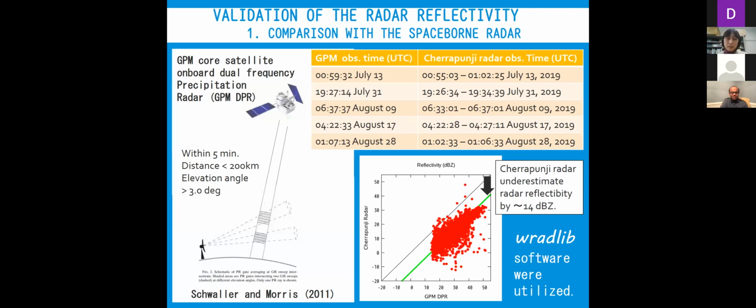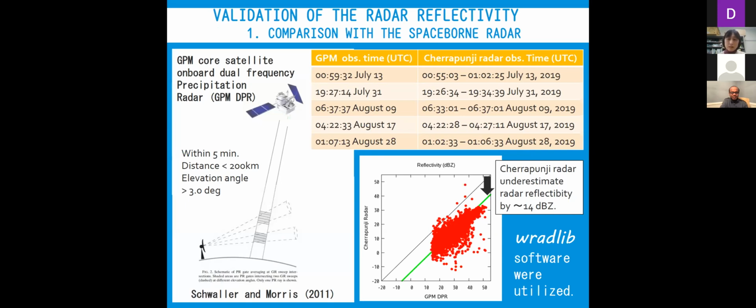The GPM core satellite on board dual frequency precipitation radar observed precipitation over the Earth between 55 degrees north and 55 degrees south.